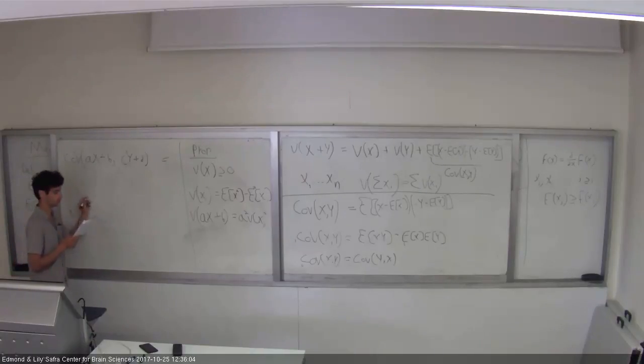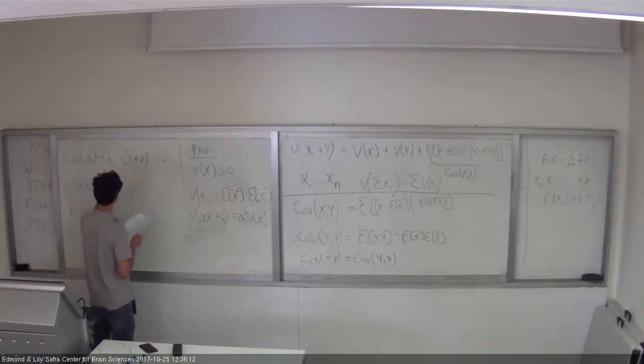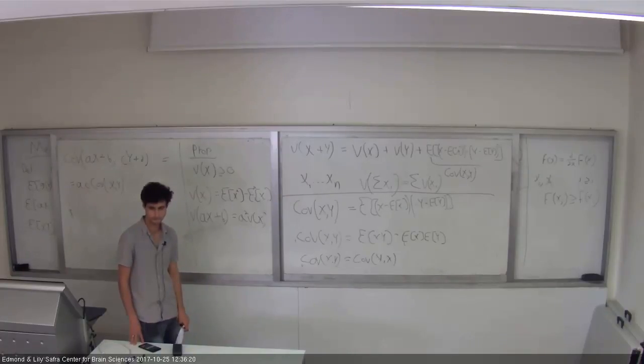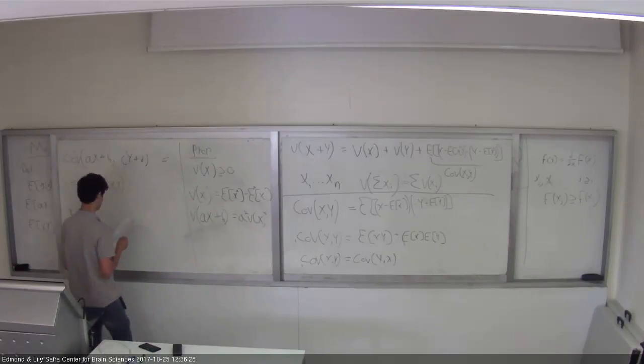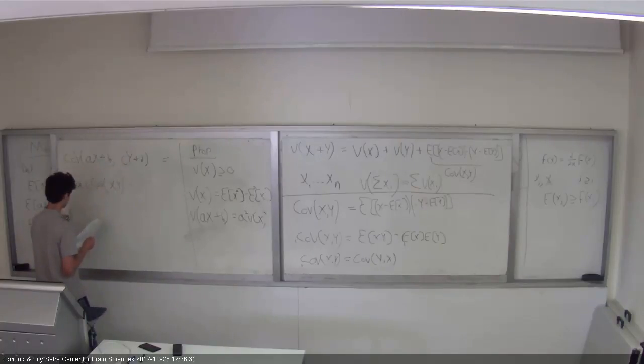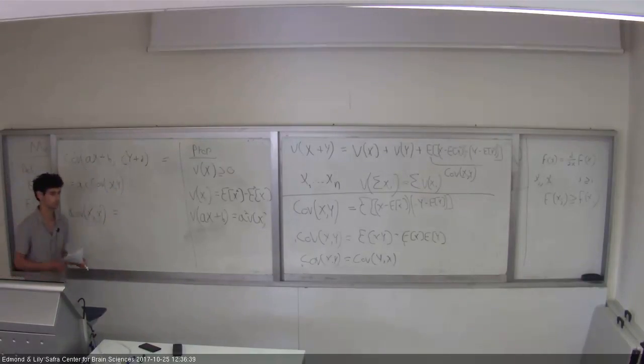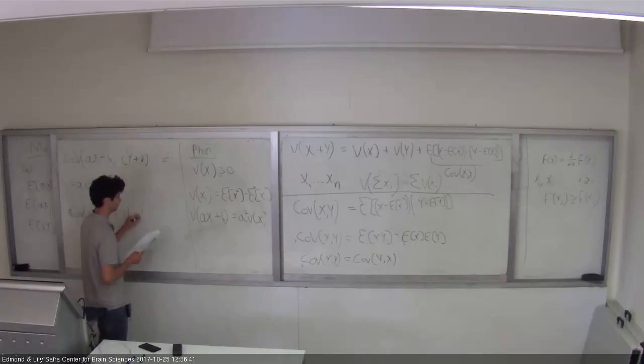So this is equal to A times C, the covariance of X and Y. Okay? Question? And the last property is that the covariance of X and X is equal to, right, the variance of X.